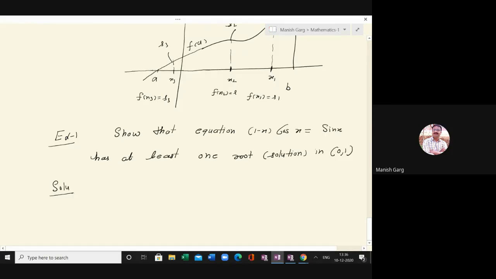If this type of equation is given, you consider a function, let f(x) equal (1 minus x) cos x minus sin x.